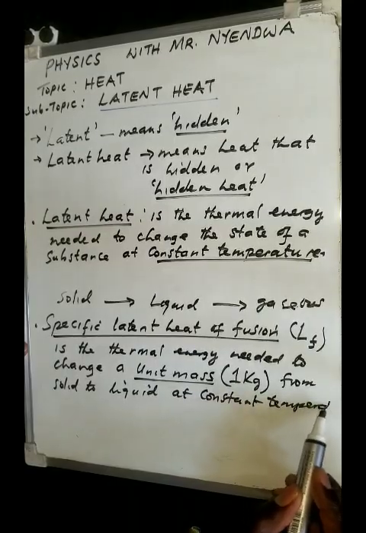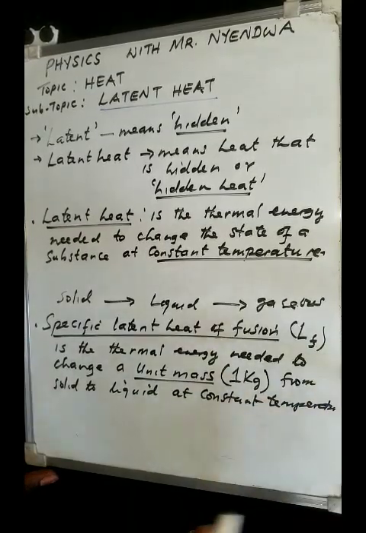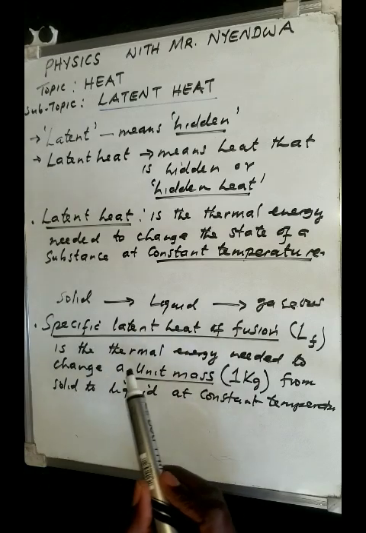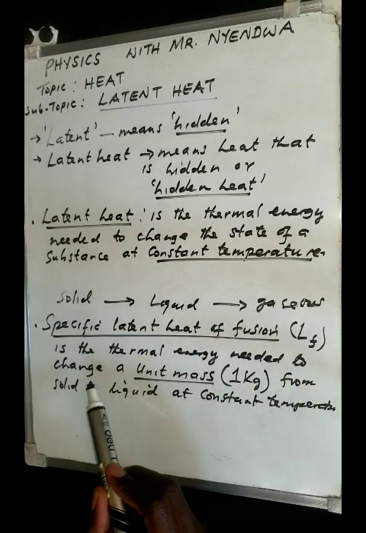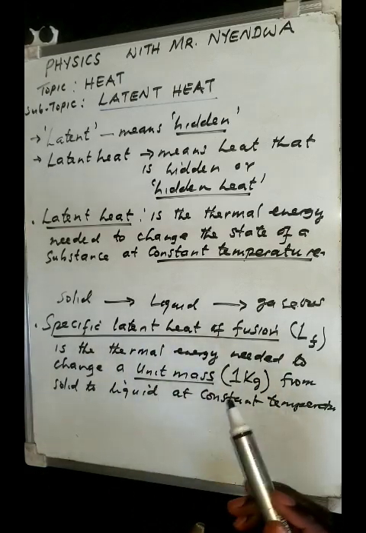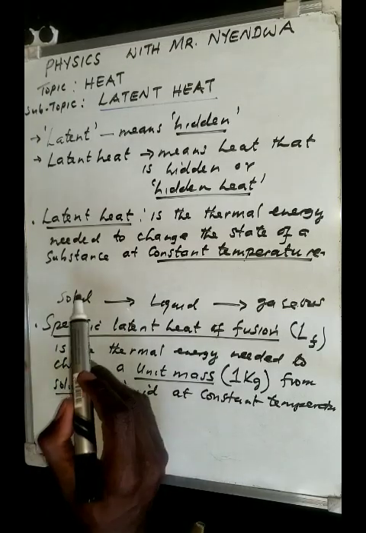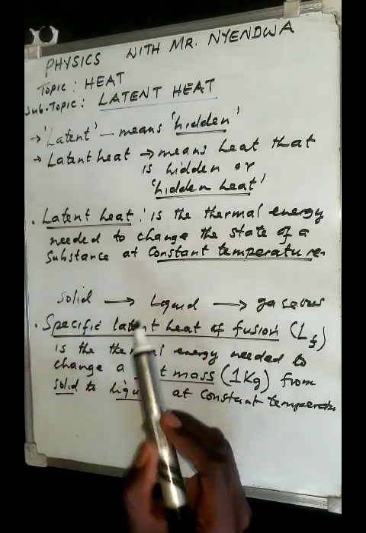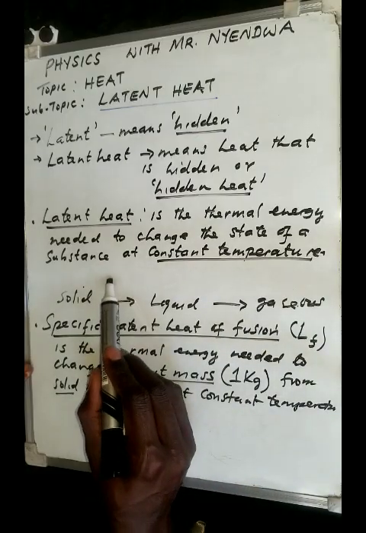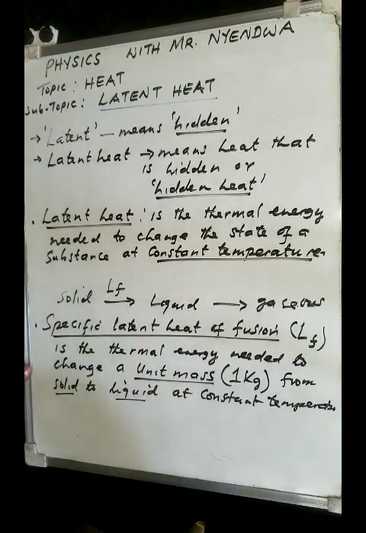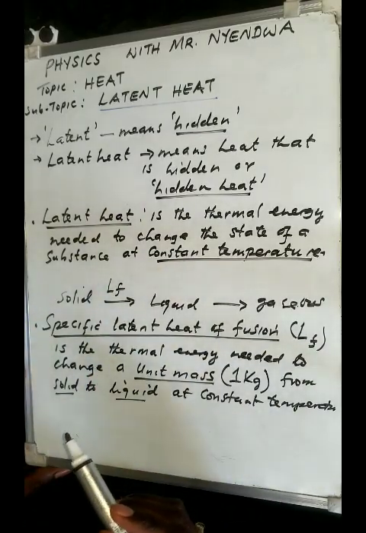So this is what we call specific latent heat of fusion. It's the amount of thermal energy that is needed to change a unit mass, that is a 1 kg mass, from solid to liquid at constant temperature.